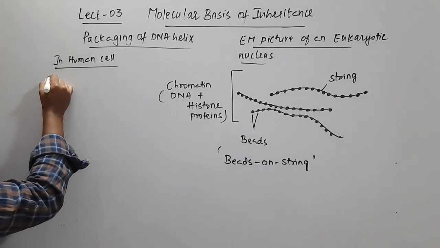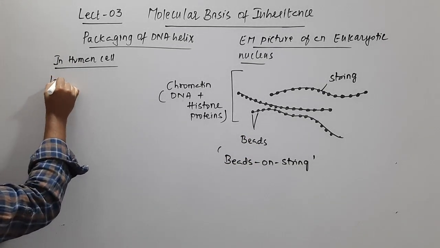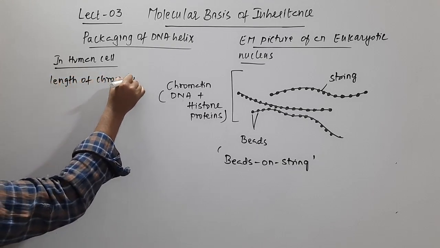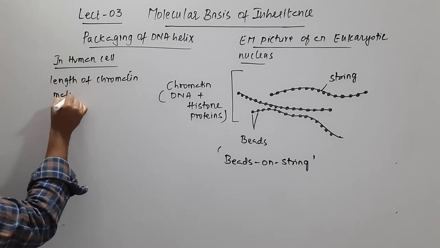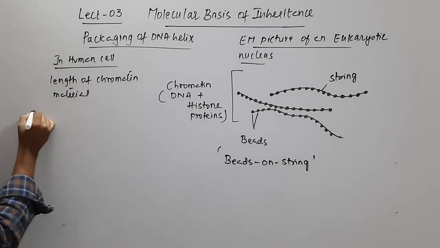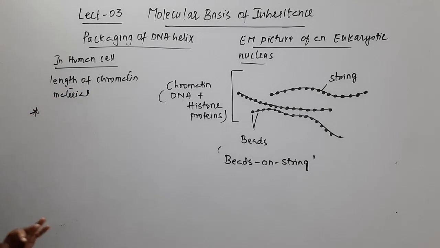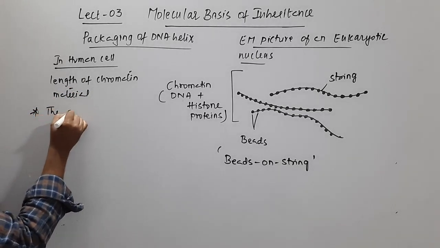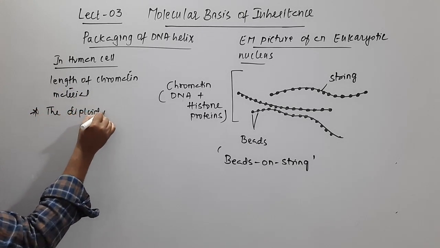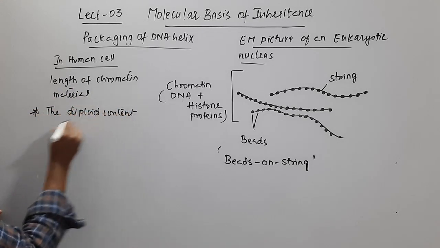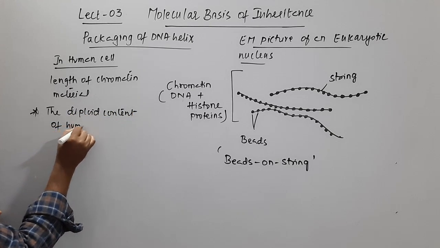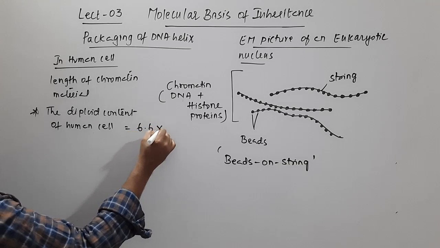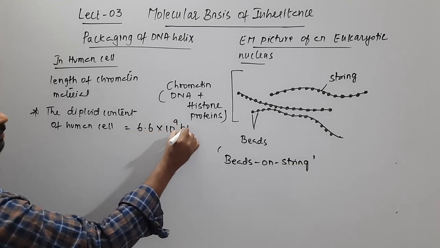For this, we need to know the diploid content of human cell, which is 6.6 into 10 to the power of 9 base pairs.